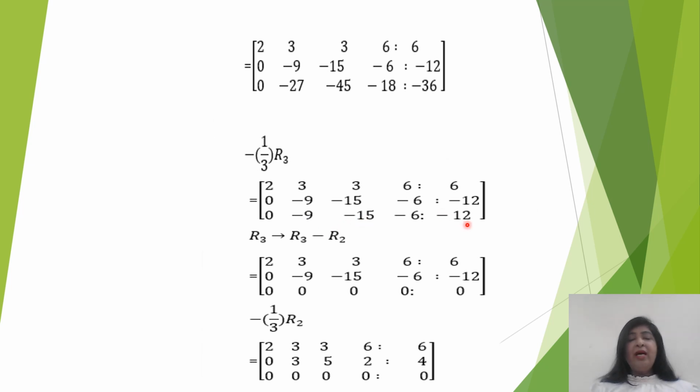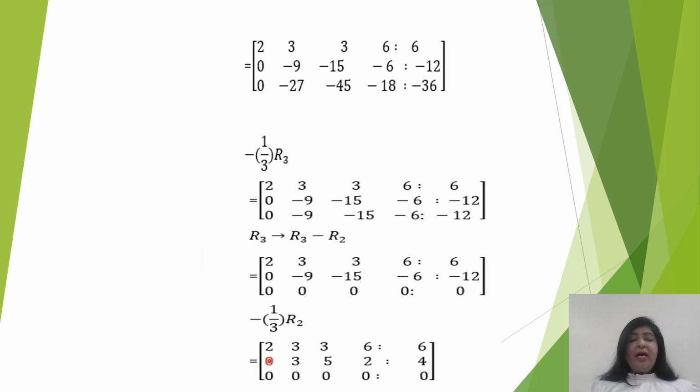Now you can see that the entries of the second row as well as the third row are the same. So again we apply the operation R3 minus R2. So the entries of the third row become 0. Then I apply minus 1 by 3 of R2. So I will get 0, 3, 5, 2 and 4.